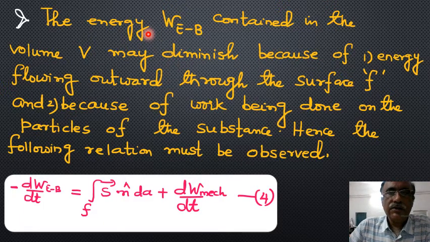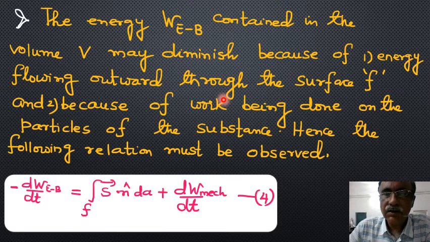The energy W_EB thus contained in the volume V may diminish because of, one, the energy flowing outwards through the surface F, and secondly because of the work being done on the charged particles of the substance.